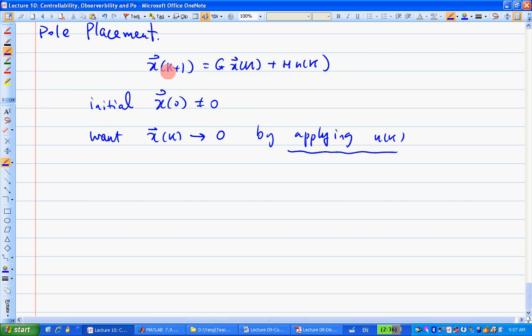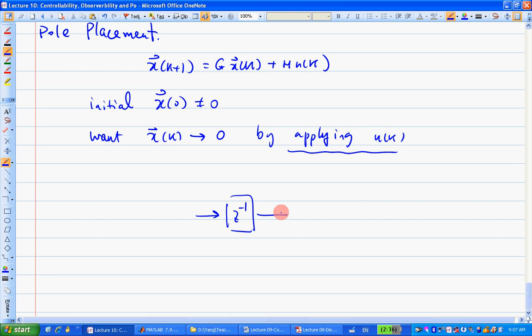The relationship between x of k plus 1 and x of k is basically a delay. From here to here, it's a one-step delay. So I have a block z to the power -1 representing the delay.